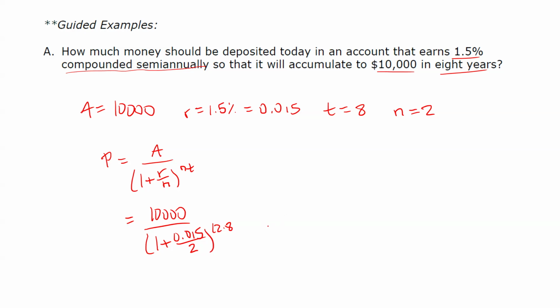When we enter this value in our calculator, we are going to get $8,873.18. Remember, we need to round up so that we have enough money to reach our goals. Okay, not round down.